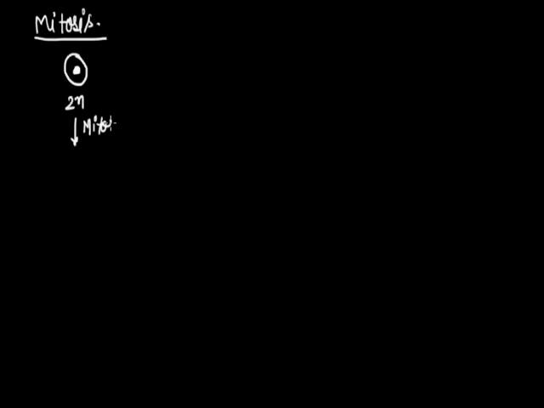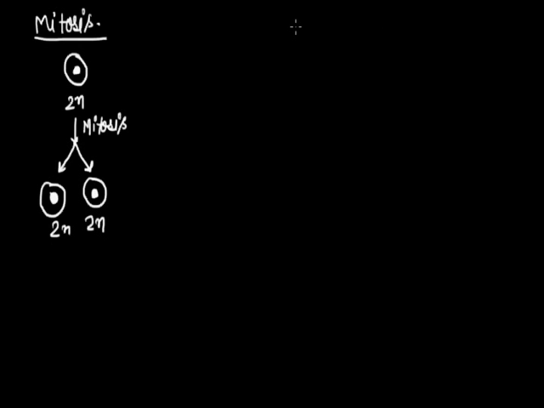If mitosis takes place here, then first karyokinesis occurs, and after that cytokinesis occurs. Because of it, this parent cell will divide and form two daughter cells that contain 2N DNA matter.